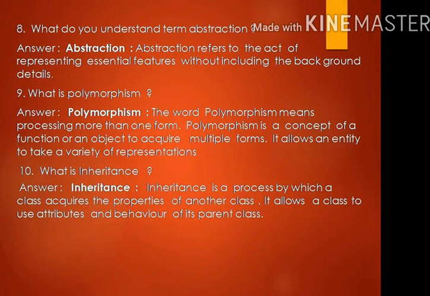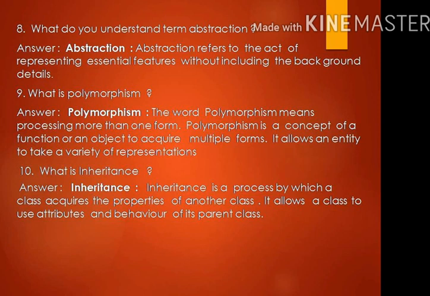The next slide contains few more questions and answers. Question number 8. What do you understand by abstraction? Abstraction refers to the act of representing essential features without including the background details.